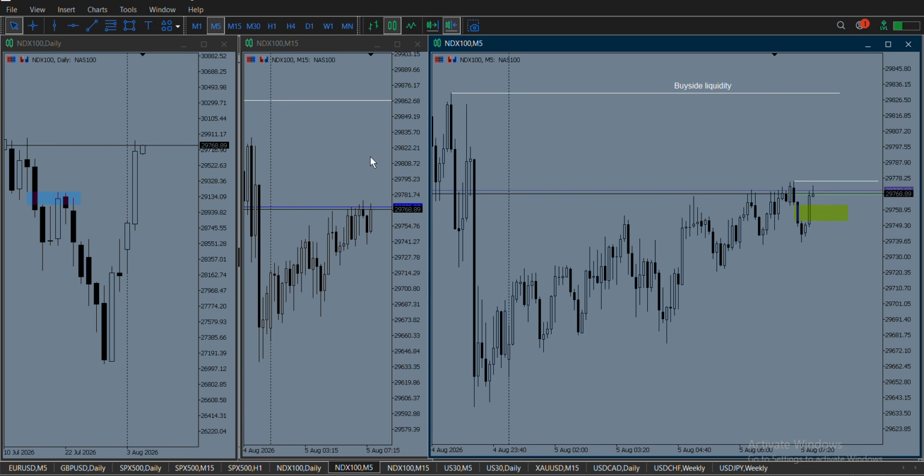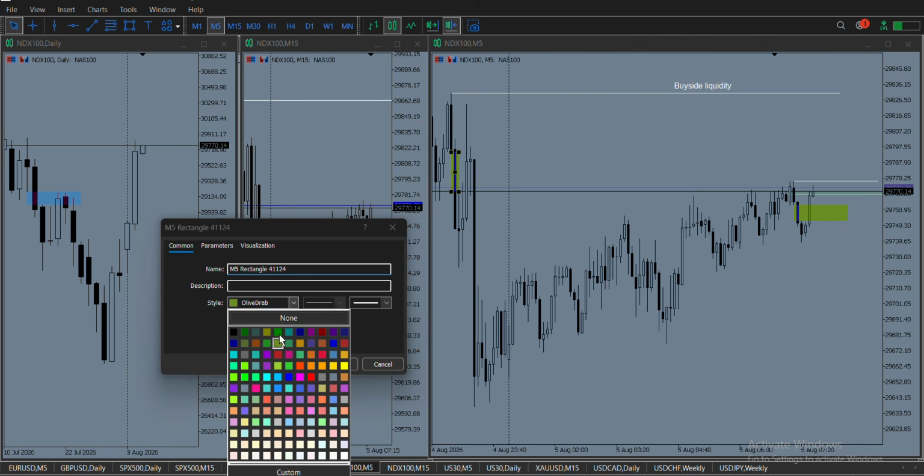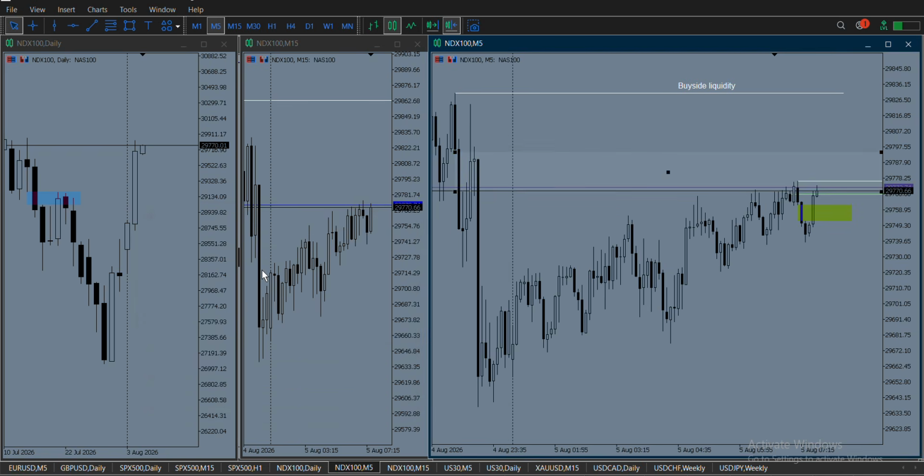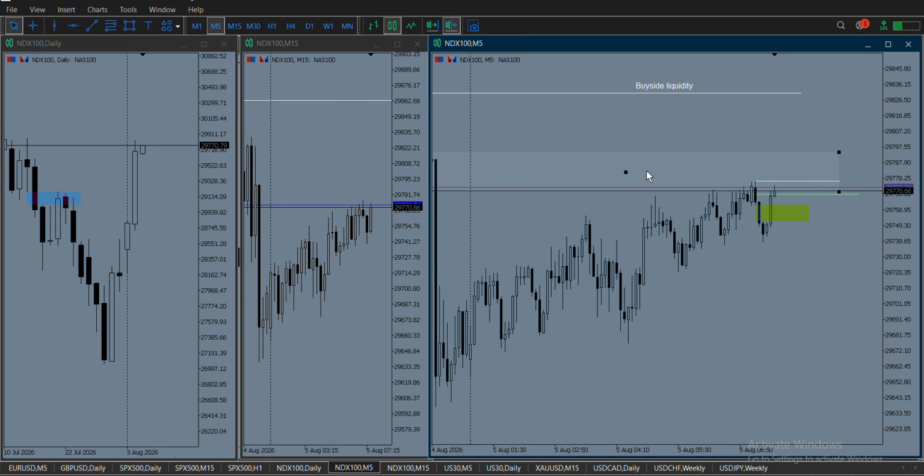So I want to notate this inefficiency here that happened from yesterday's market on close because it's important, and that's what I expect price to reach into. Right there, see it?